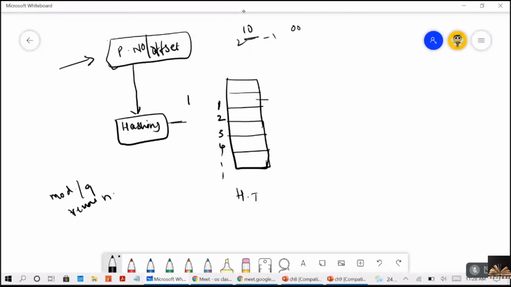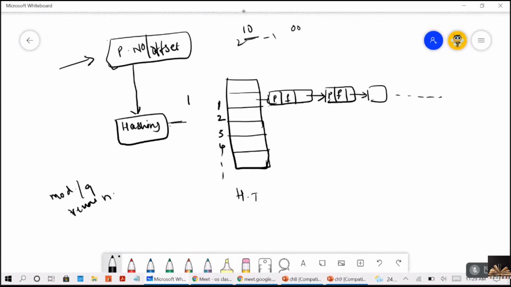Here the entry will have its page number, its corresponding frame number, and a link pointed to the next location, and it will be stored as a linked list. Because next time, for a second page, for some other page I am getting the same remainder value, I should keep it here, with the frame number where that page is placed, linked to this.